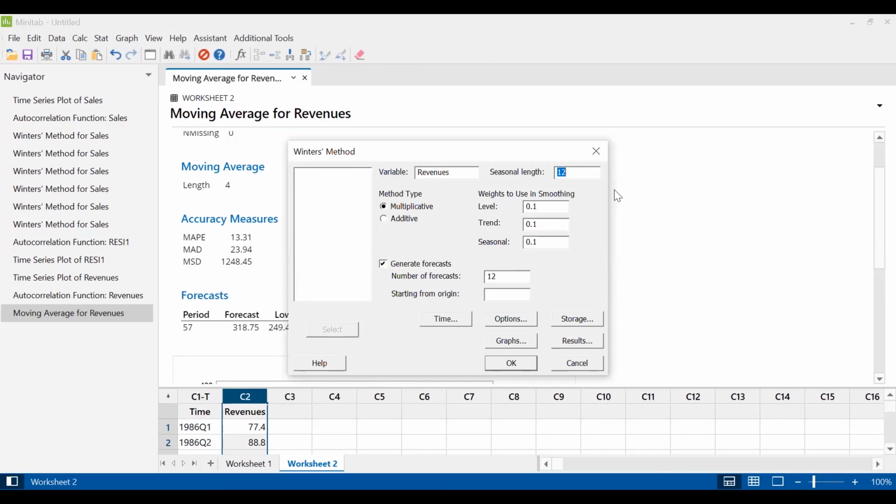So it's revenue, and the seasonality turns out to be 4 this time. We will still start with the 0.2 default level, and we will generate forecast for 1 period only. I don't know yet if the parameters are the best ones or not. So this is just a starting point for us to go with. So click on OK.